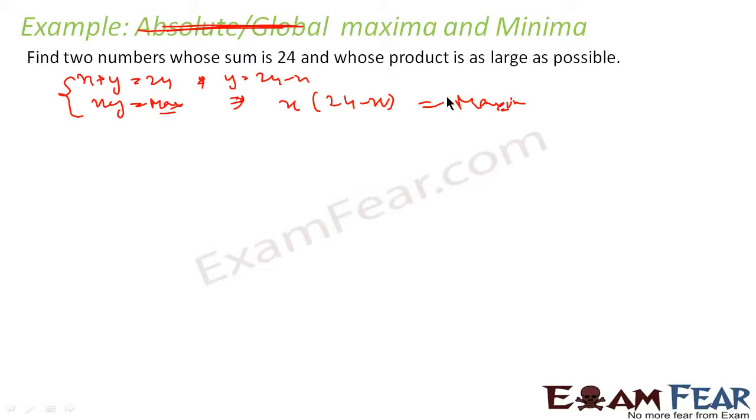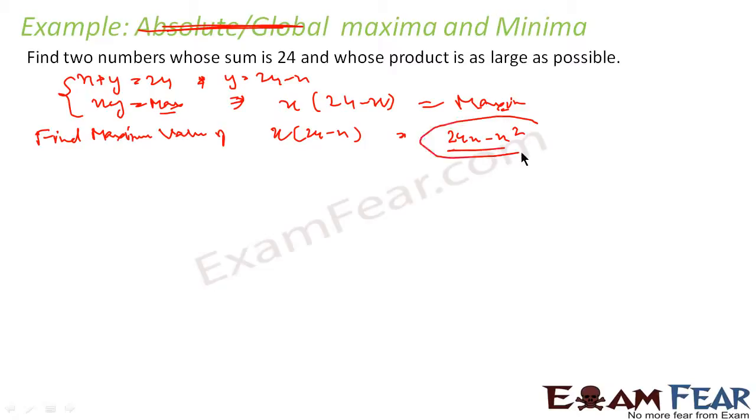Or to rephrase, I have to find the maximum value of x into 24 minus x, or 24x minus x square. So can we find this? Yes. What I have done is rephrase this question. The question says there are two numbers x plus y that is 24, and x into y is maximum.